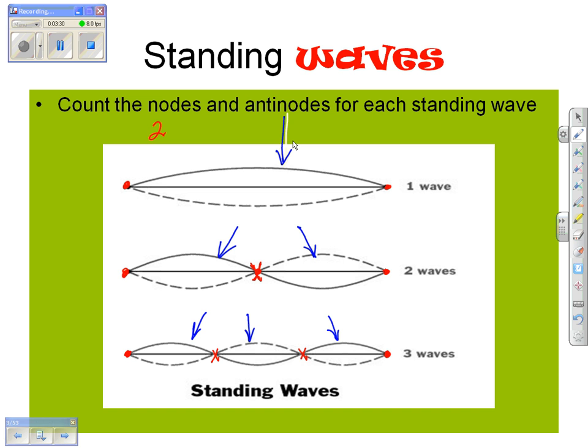If they ask you for more nodes than antinodes, obviously they're counting the ends as well. If they ask you for fewer nodes than antinodes, then they're asking for only the middle ones. Does that make sense? Because I can tell you, you're probably going to draw one of these with a certain amount of nodes and antinodes, because I want to know that you know the definitions.